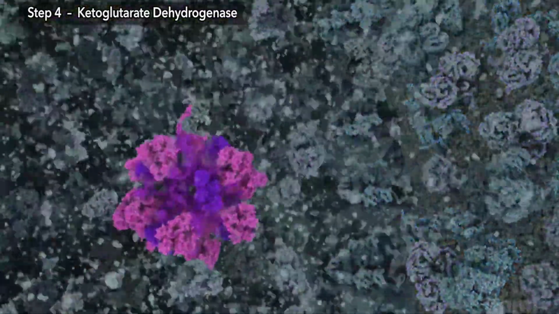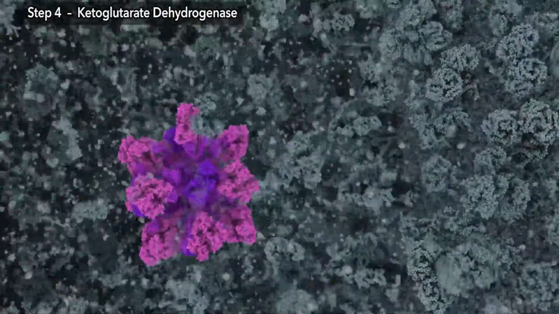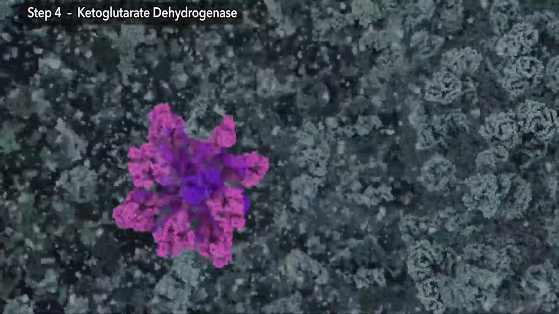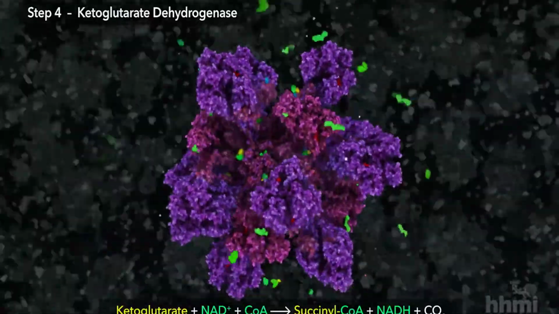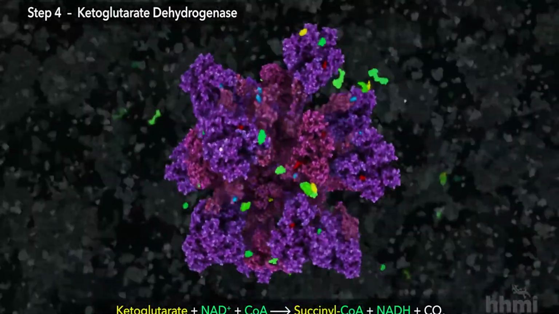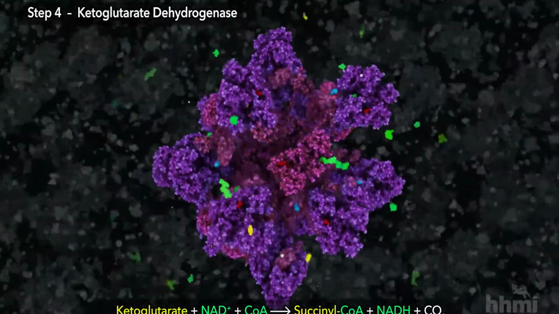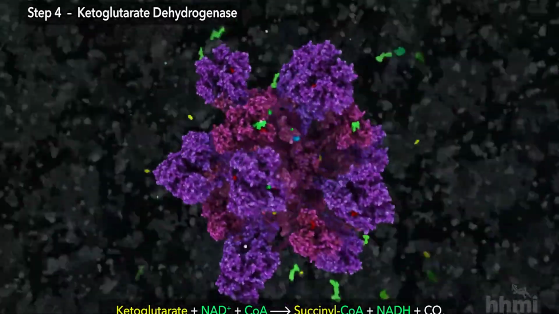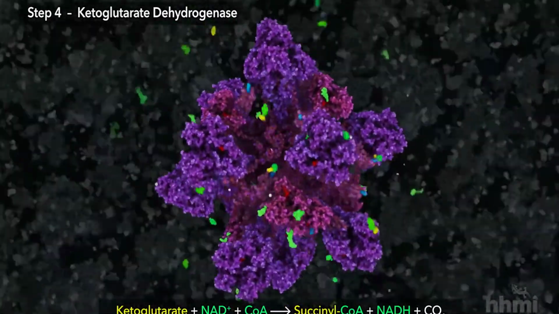Step 4 of the citric acid cycle is performed by a huge multi-enzyme complex, connecting multiple chemical reactions with flexible tethers, efficiently moving reactants between active sites, and diverting electrons between pathways.